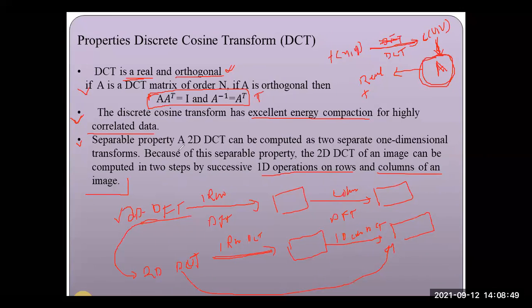Fine. So this is something about what you understand by discrete cosine transformation. The first thing you have to understand is why we are choosing this one.